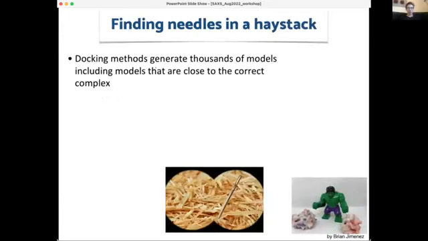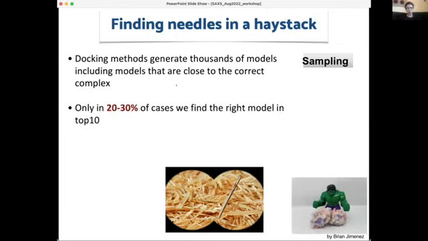And so what happened is that methods that sample complexes, we call them docking methods, can generate thousands of models, and usually they will include a model that is close to correct. So sampling is not a problem, but the problem is identifying those correct models.